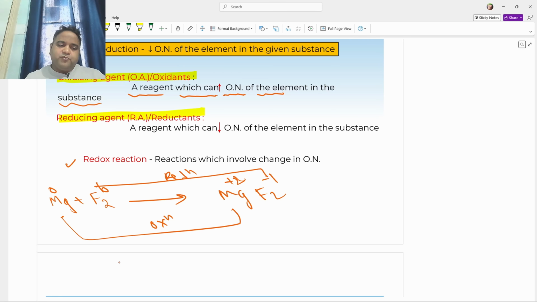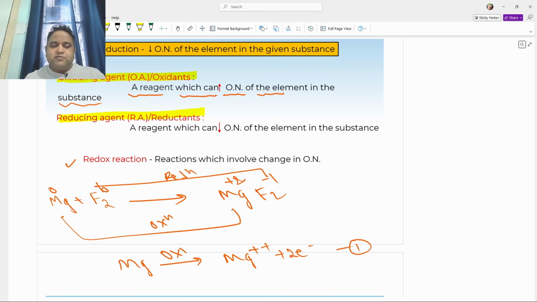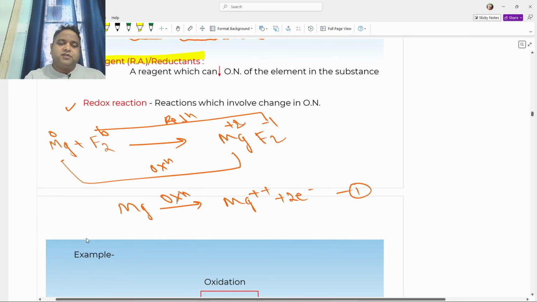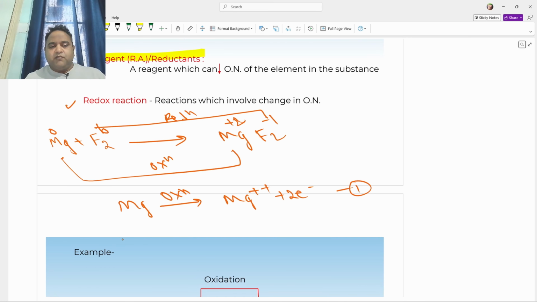Now let us go in a little more detail. Magnesium goes to magnesium plus 2, plus there is a loss of 2 electrons. This is equation number 1. In this case, magnesium undergoes oxidation. Now what about the fluorine? Fluorine is going to take the 2 electrons lost by the magnesium to make 2 fluoride ions.